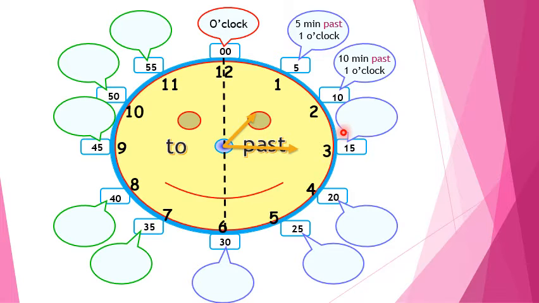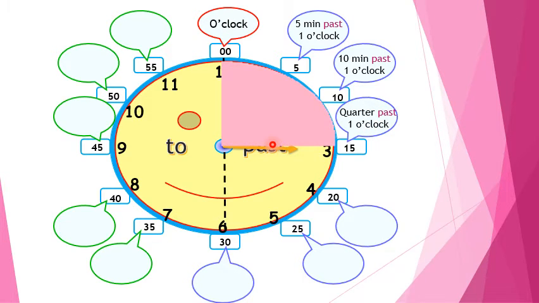But as you can see, this whole part from 12 to 3 is like a quarter. So we can say it's quarter past 1 o'clock, instead of saying it's 15 minutes after 1 o'clock.